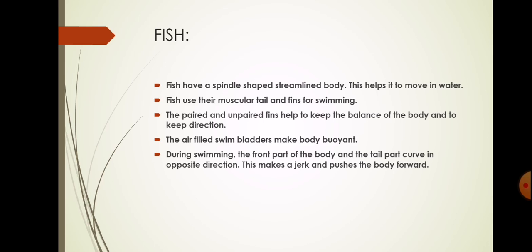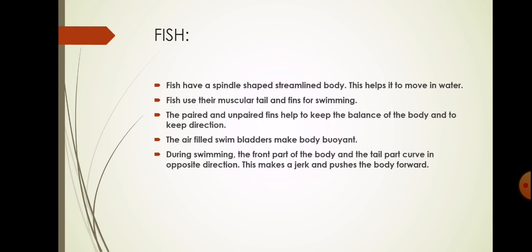In the same way, the body of the fish contains an air filled bladder inside it. Bladder means nothing but a sac like structure. In our body we have a urinary bladder, a sac like structure in which urine gets collected.